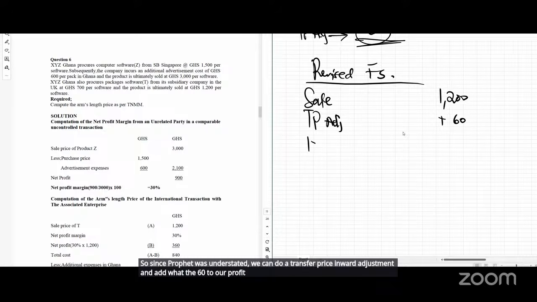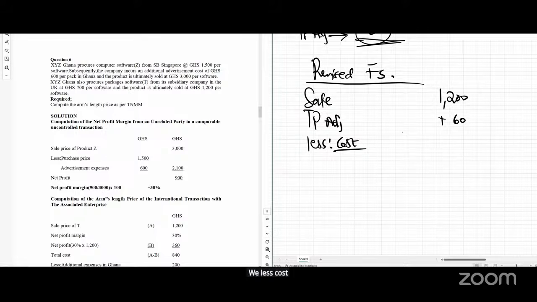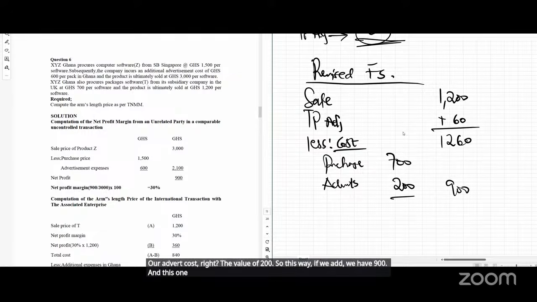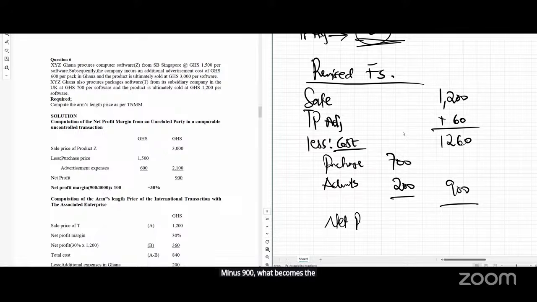Then we less our cost, which was the purchase cost of 700. Then we have our advert cost, the value of 200. If we add these, we have 900. Then this one, we have 1,260. So 1,260 minus 900, what becomes the net profit in this case?